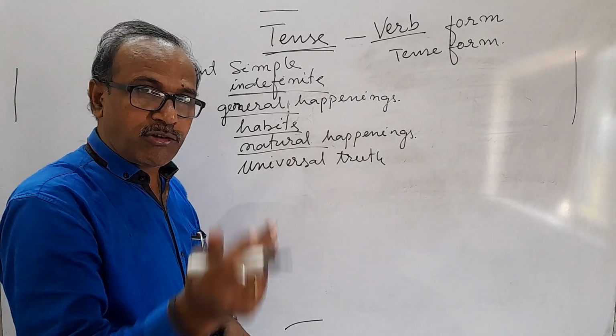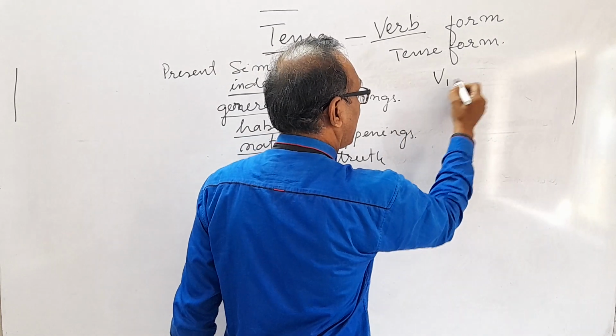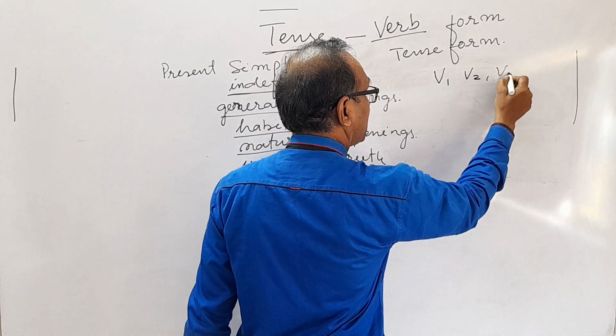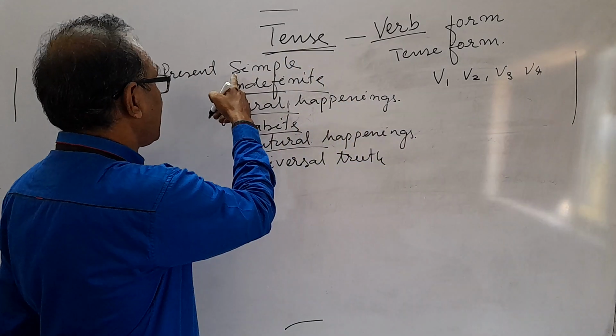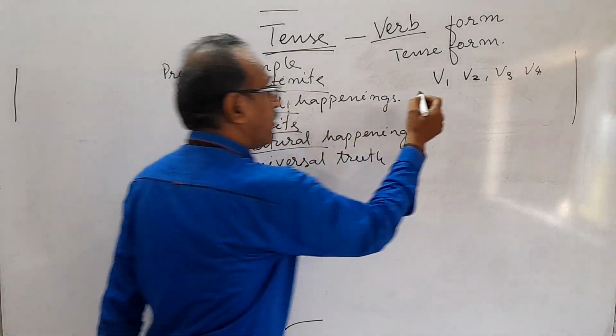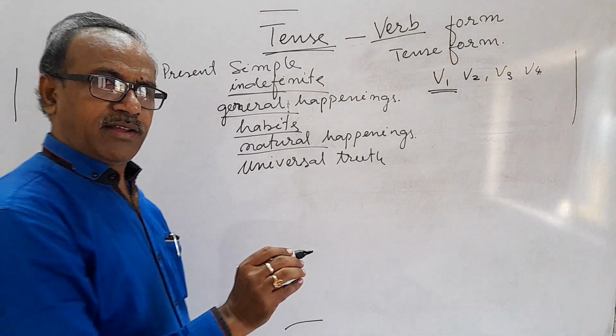Okay, so as you know, there are four forms of a verb, like verb 1, verb 2, verb 3 and verb 4. Here in case of present simple, we always use verb 1. Okay, in any case.